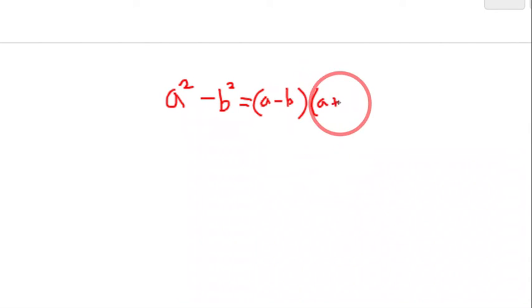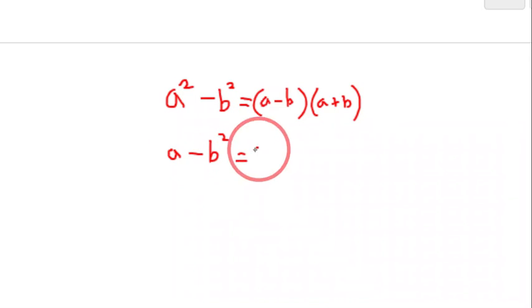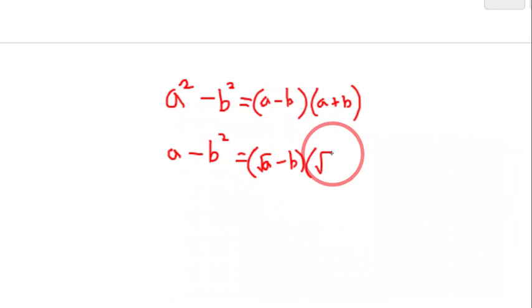And one way that you can extrapolate that is that this can also mean a minus b squared, you may see where I'm going with this now, equals the square root of a minus b times the square root of a plus b.